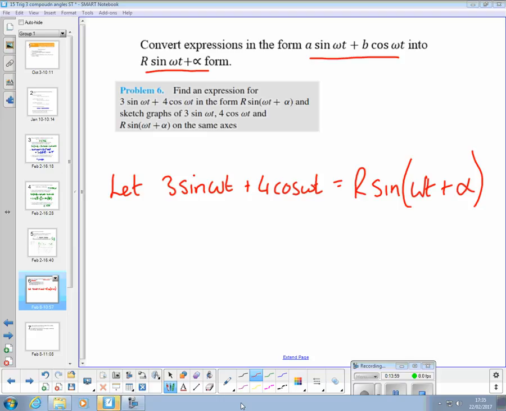What can we do to that to start to make things look simpler? Can we write this differently? Sine of what?